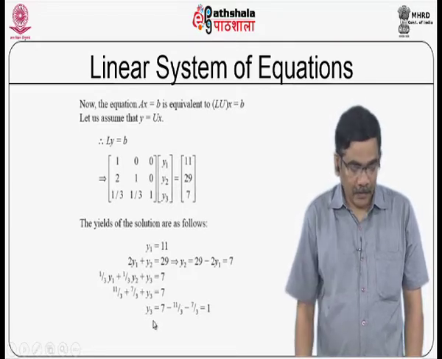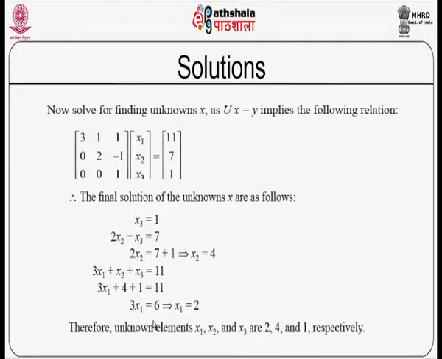Once we have this, we can substitute that into the old equation Ux equal to y, where we know the value of y, we know the value of U. So, now we can find the unknowns x1, x2 and x3. You can see that the values are 2, 4, 1, which are exactly similar to the values that we obtained as part of the Gaussian elimination procedure.